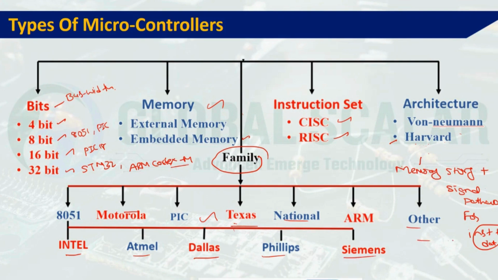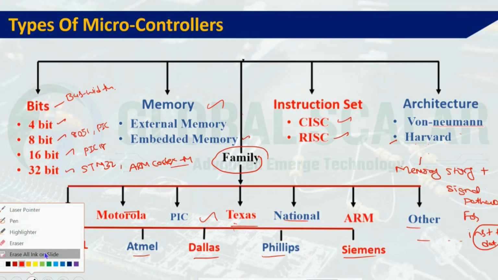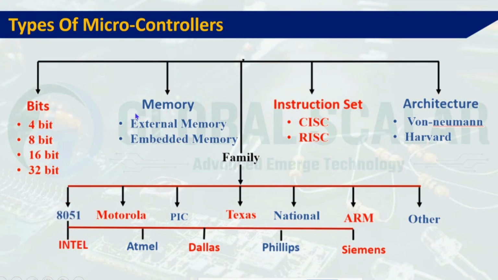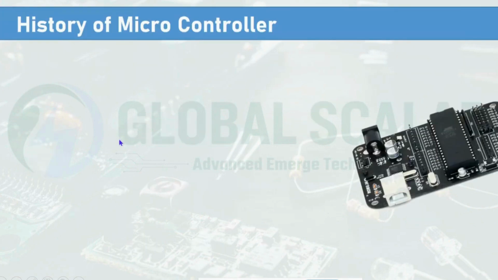There are many more companies that started designing different microcontrollers with different architectures. Like that, the hardware emerged. How this microcontroller was initially introduced to the market is the history we should know.